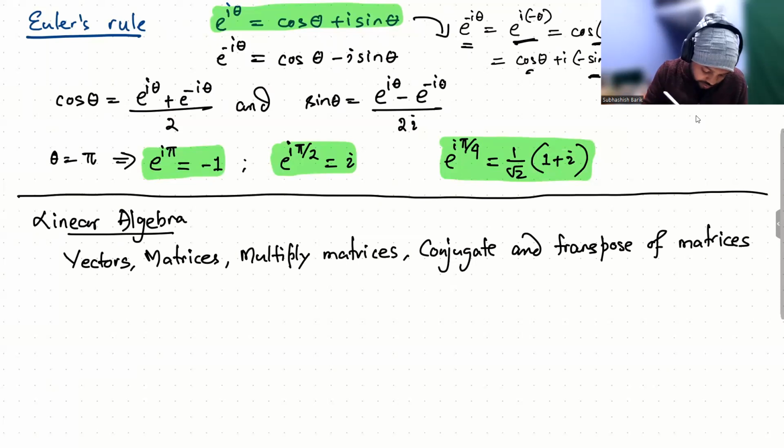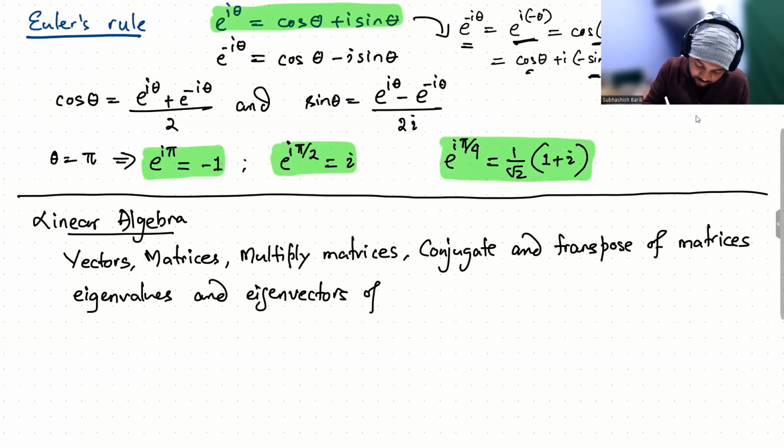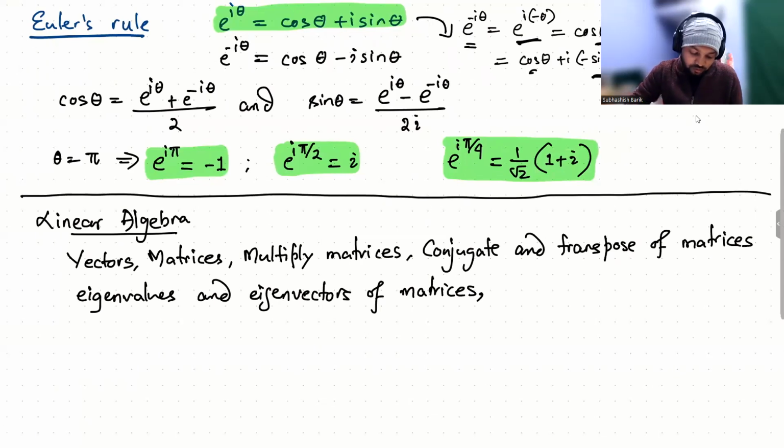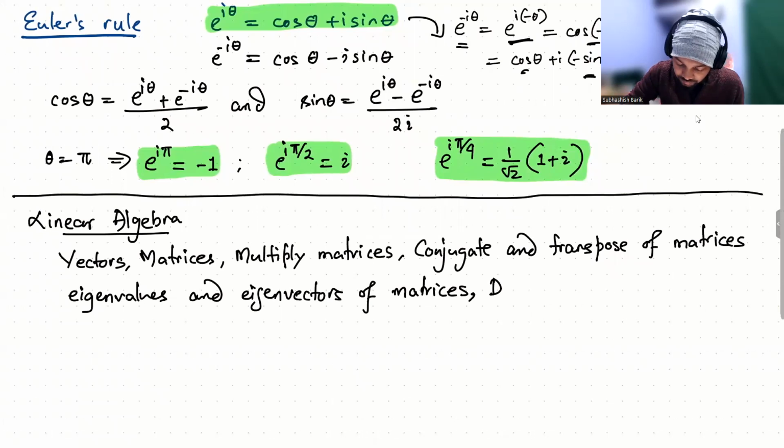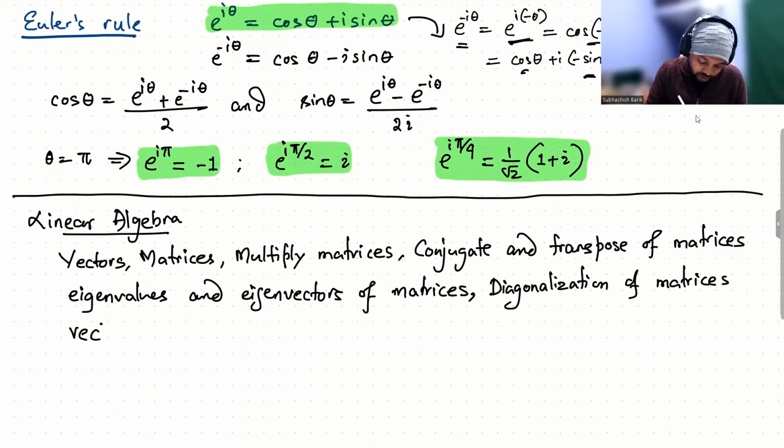Next, we will also require eigenvalues and eigenvectors of matrices. All these things will be super useful. It will also be helpful to know about diagonalization of matrices. Then knowing about the vector space and basis of a vector space.